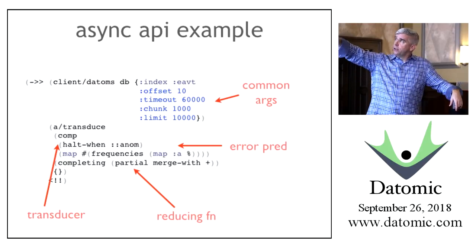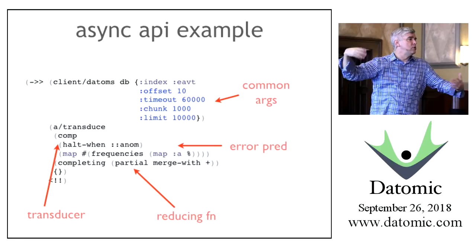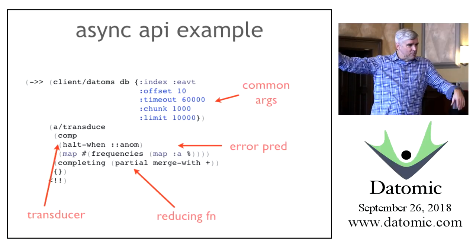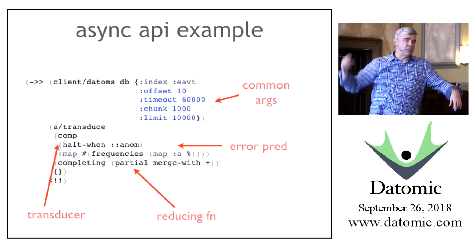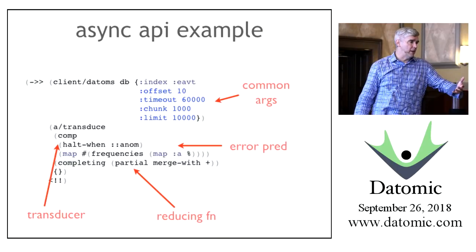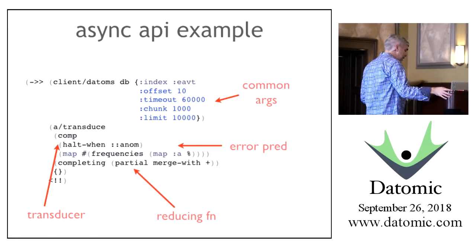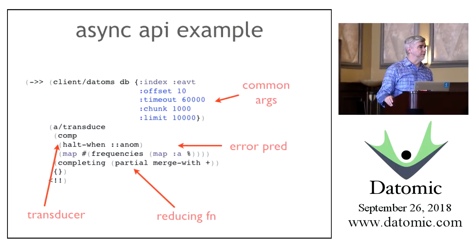This will slurp the entire database through and do some MapReduce kind of operation like we're doing here without ever having much of the database in memory at a time. So if you did this on a really big database, it would take a while, but you wouldn't have to pull the entire database into memory at once.